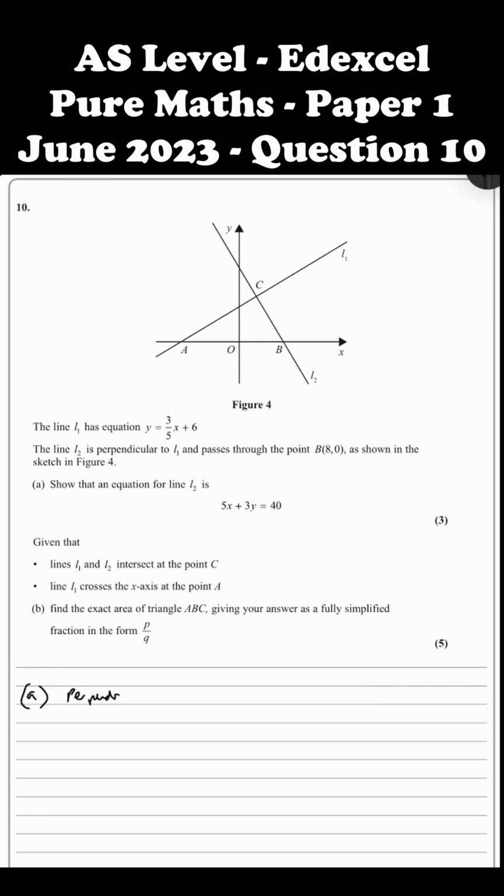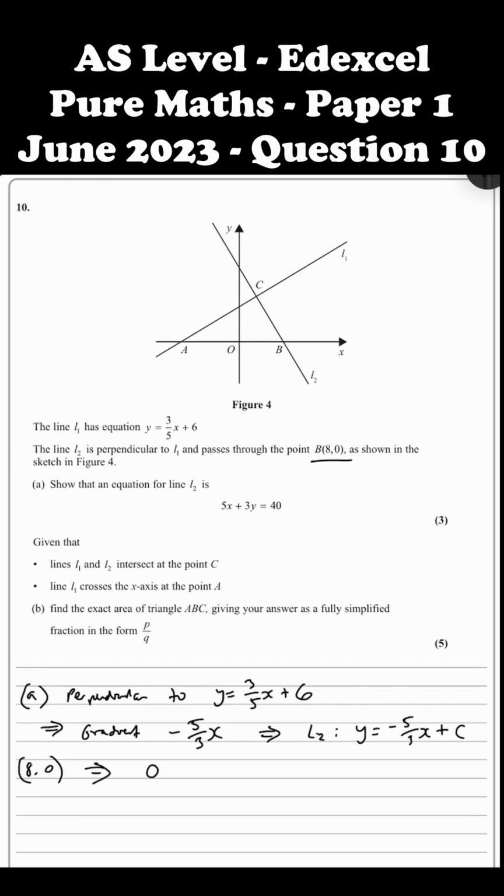We know it's perpendicular to y equals 3/5 x plus 6. Therefore, the gradient is going to be minus 5/3, as it's the negative reciprocal for perpendicular lines. Therefore, the equation of line 2 is y equals minus 5/3 x plus c. We know that it goes through the point (8, 0), so y is going to be 0.